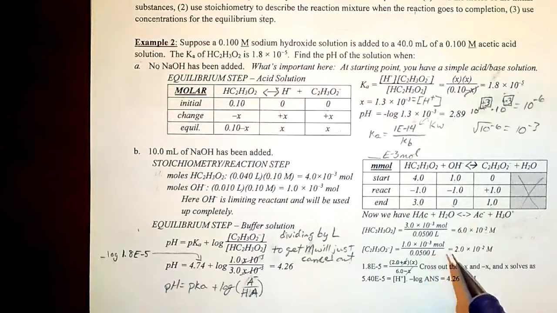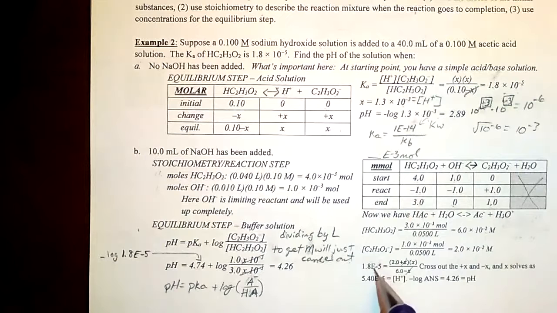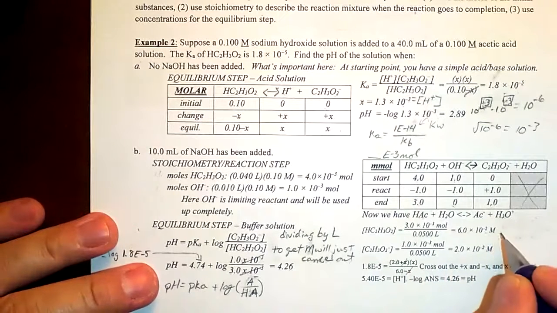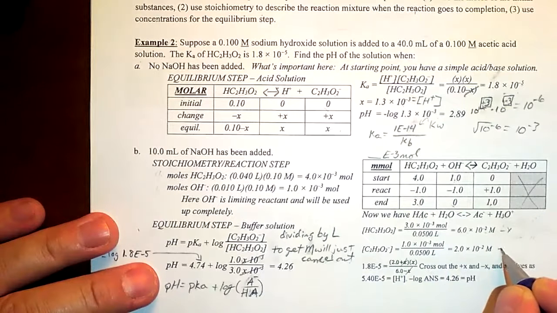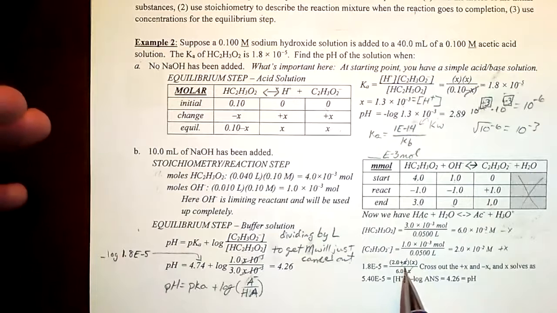So Ka, because this is an acid reaction, will be equal to products over reactants to the power of the number in front, except remember, this is going to be losing some amount. This is going to be gaining some amount, and that's where I got these. Except we said Ka is so small that plus X and minus X doesn't really matter, so we can cross them out.